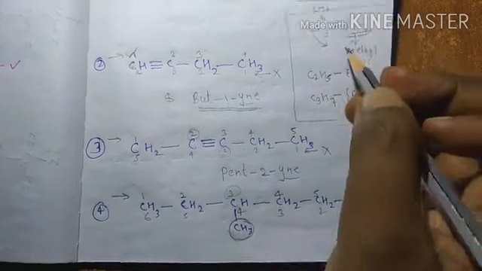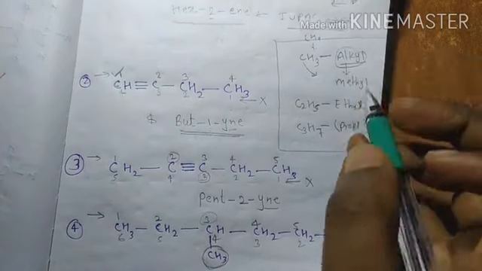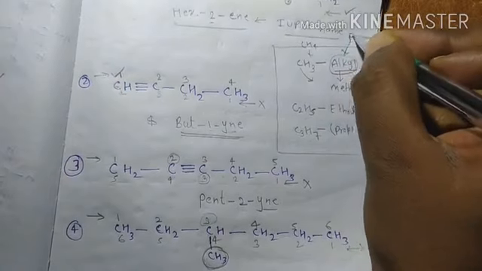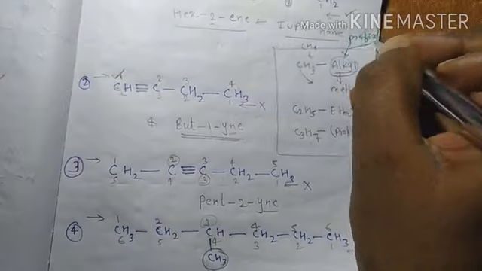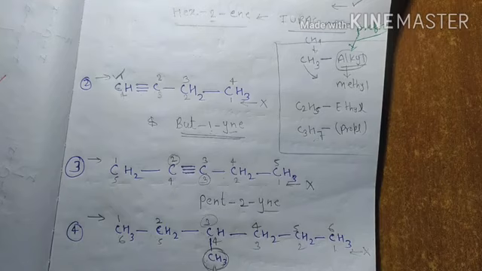Listen, for an alkyl group we use a prefix, students. In the previous lecture I forgot to say this: we use a prefix. Understood? On the third carbon atom there is a methyl group.